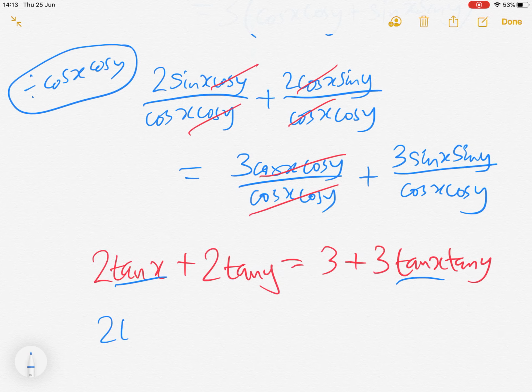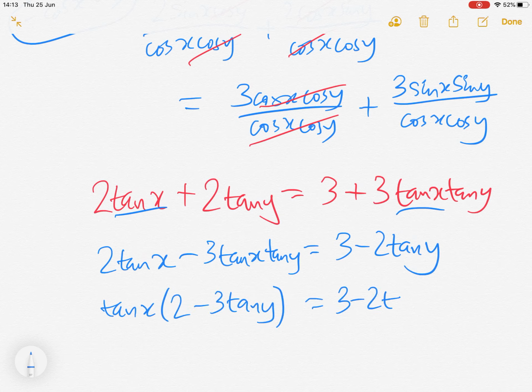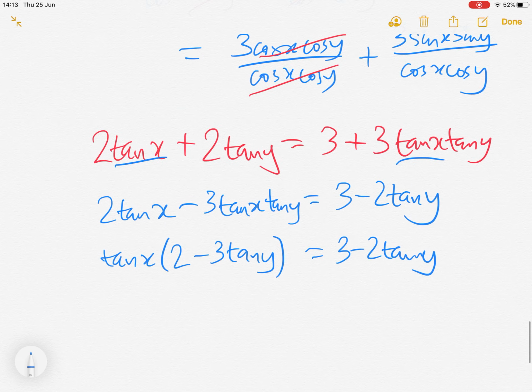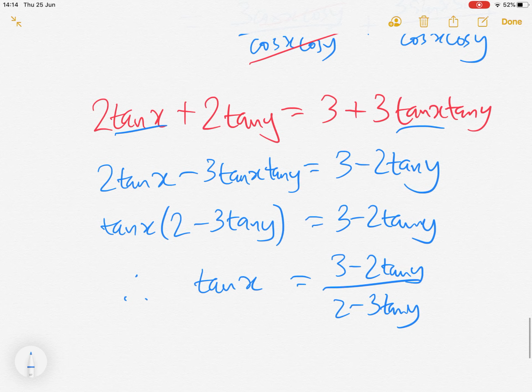Get all the tan x's on one side, and put everything else on the other side. And then factorize tan x out, and then we're almost there. Now divide by 2 minus 3 tan y. And that's it, that's the answer. Done.